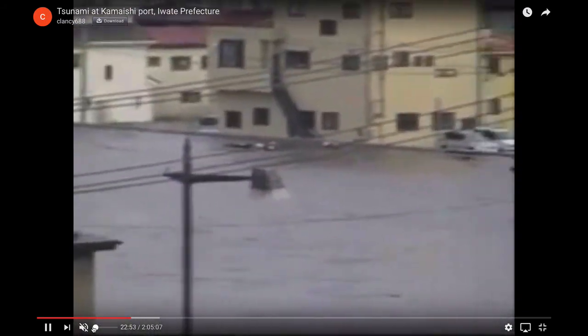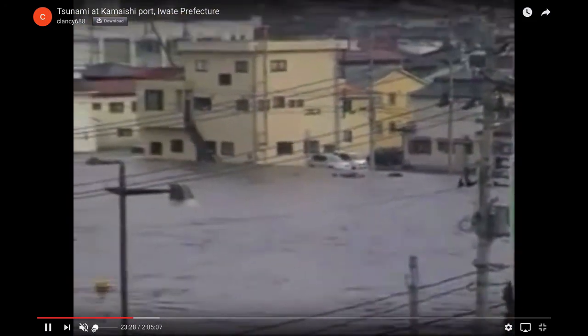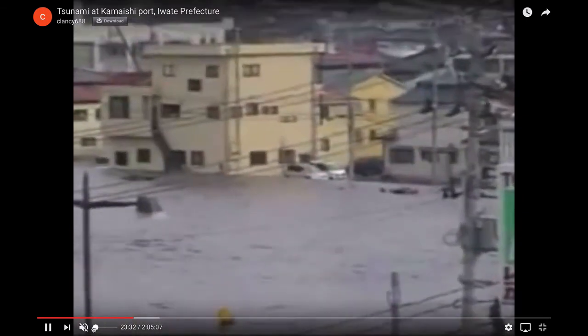So it's not a crashing wave that demolishes everything, but a slow, inexorable rising of sea level over, I don't know, an hour, that ultimately then falls. You can watch this. It's just about to top over the seawall and flow into these cars you can see at the side.